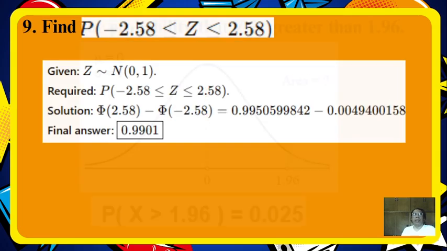which is way below the total area under the curve, 1.0. Number 9. Find the probability that Z is greater than negative 2.58 but is less than 2.58. So our solution will be tau of 2.58 minus the tau of negative 2.58.